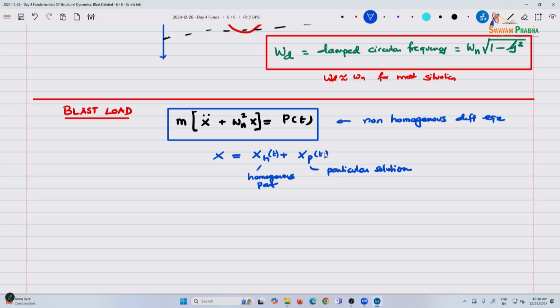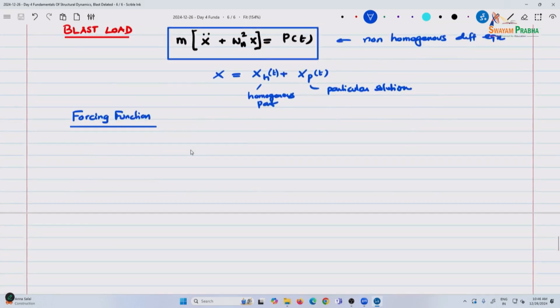Okay. Now, what are the forcing functions? If I were to ask you, from what you have absorbed over the past 3 or 4 days, what would be a forcing function? And you have seen some experimental data also. What is the nature of the forcing function?